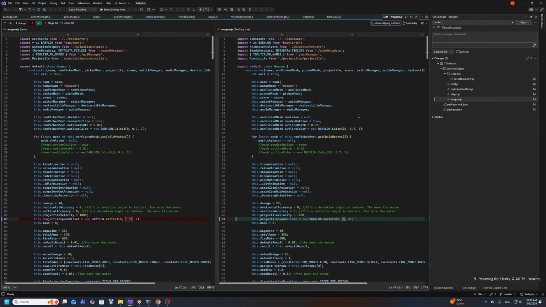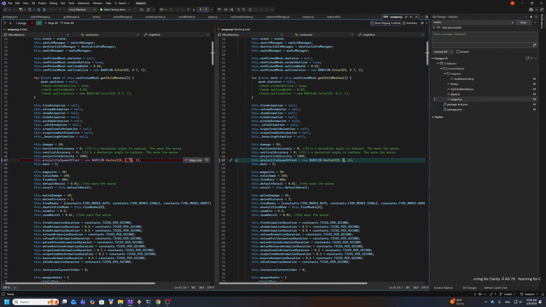Another interesting change that comes with it: this thing disappears. Since we're always spawning the projectile in front of the camera at the camera position, we don't really need to do those adjustments anymore. We needed them because before, we spawned the projectile from the mesh central point, which was below our eyesight, so we needed to compensate.